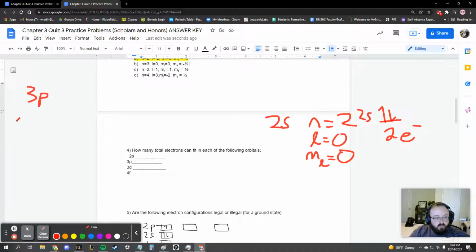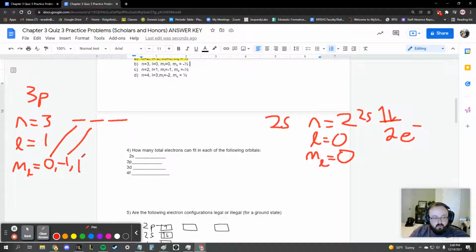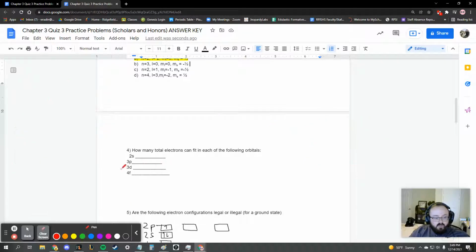With our 3p, we have n equals 3, our L equals 1, and our M sub L can equal either 0, -1, or +1, which means you have 3 orbitals. 1, 2, and 3. The order doesn't really matter, which means you can have 6 e minus in them. I'm going to clear our screen here.